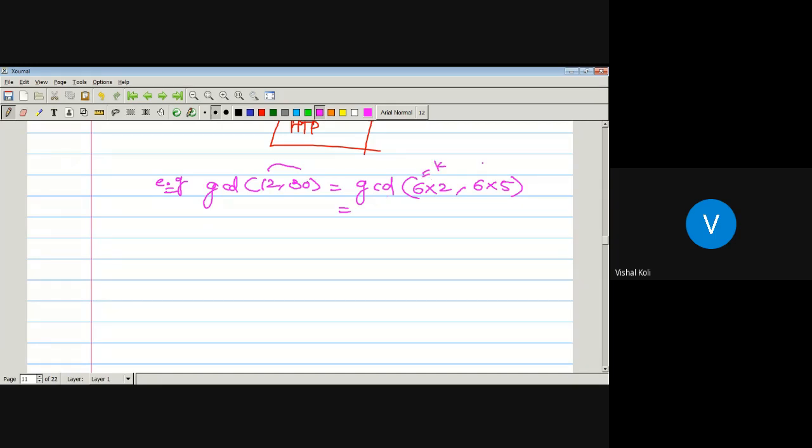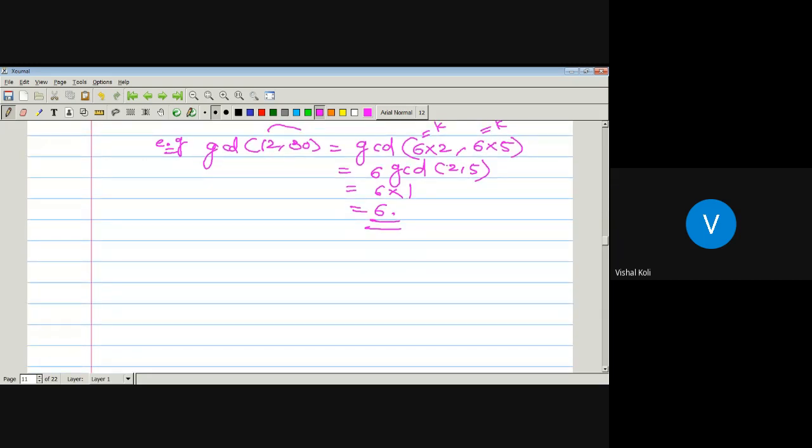It is k times the GCD of two integers 2 and 5. K is 6. So 6 into the GCD of 2 and 5, which is 1, and it is equal to 6. Okay, for k greater than 0 it will definitely hold.